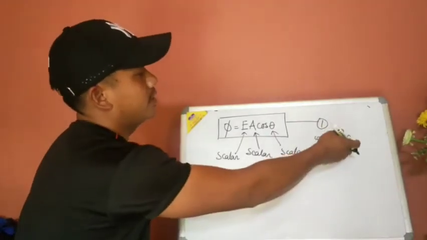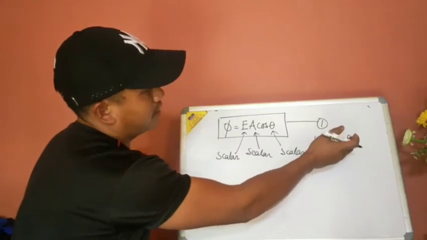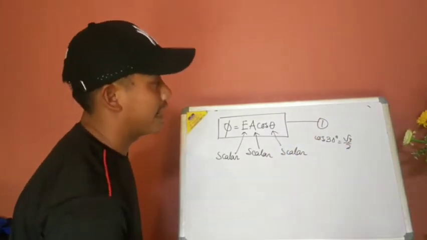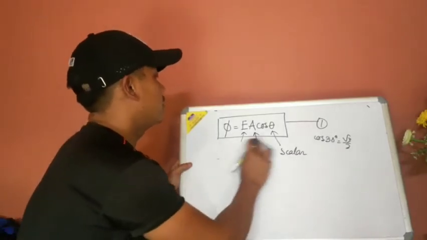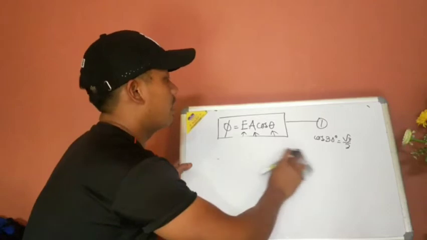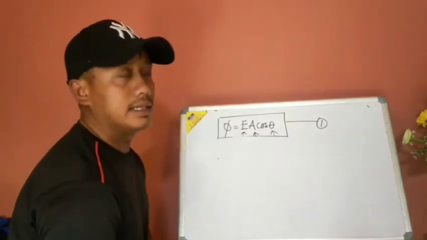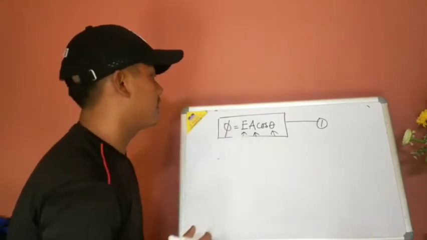It doesn't have direction, it has only magnitude. So the whole quantity on the right hand side of equation number 1 is a scalar quantity. That's why this electric flux is always a scalar quantity.